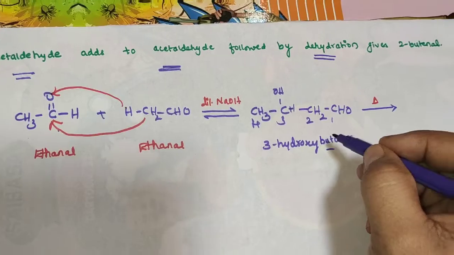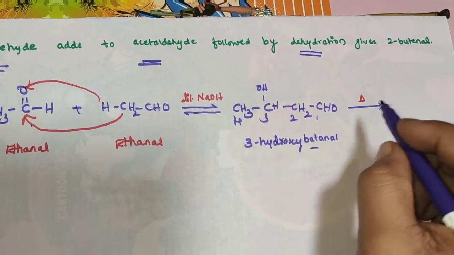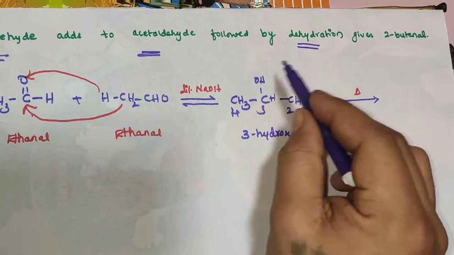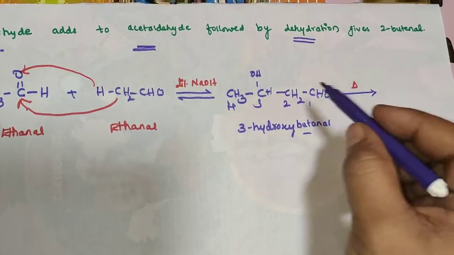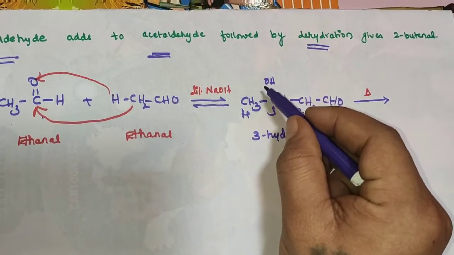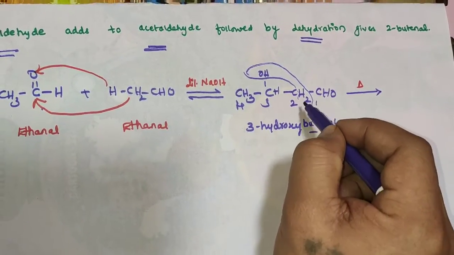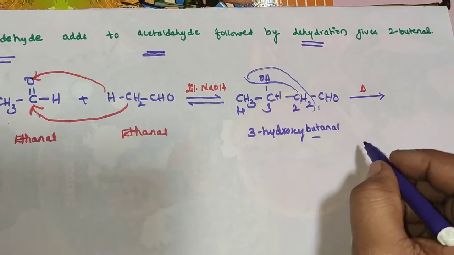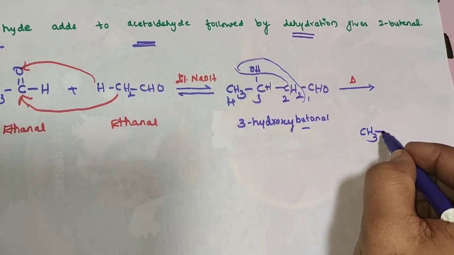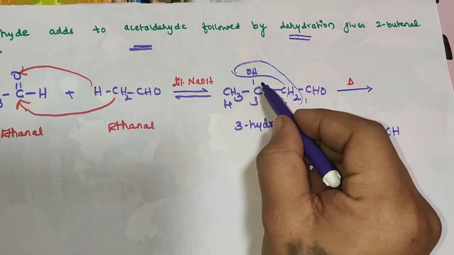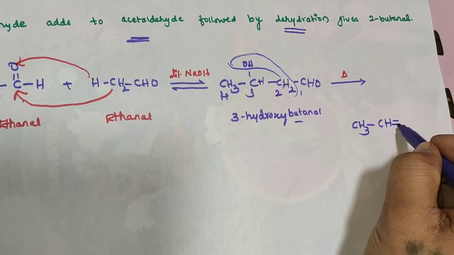For this we apply heating. What product is formed? Dehydration is carried out, which means removal of a water molecule. One OH group and one H are removed in the formation of water. CH3 stays as it is, then CH, and the single bond shifts to become a double bond.